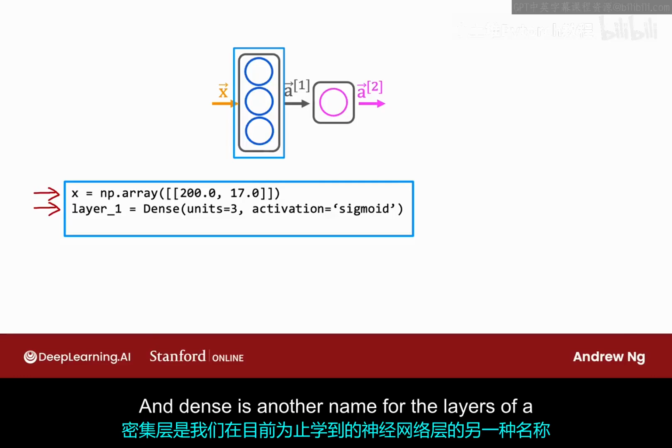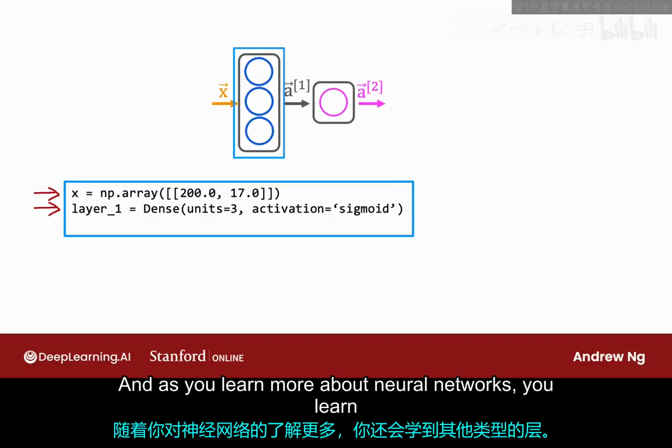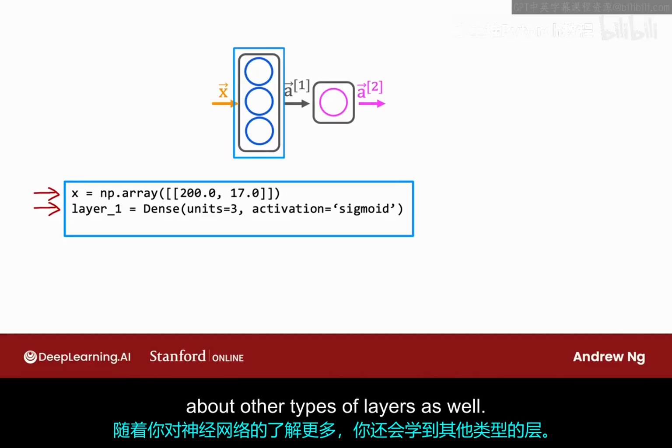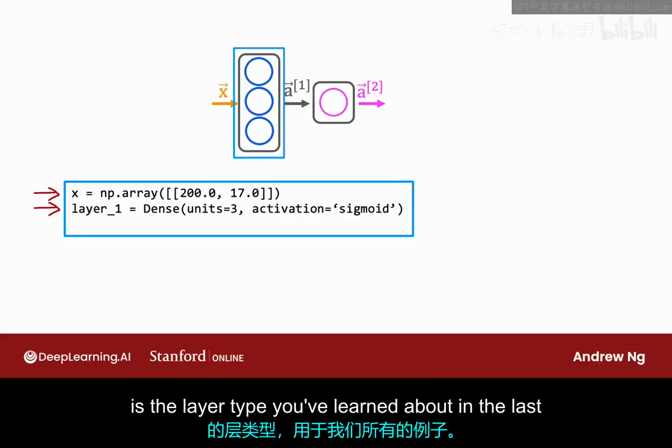And dense is another name for the layers of a neural network that we've learned about so far. And as you learn more about neural networks, you learn about other types of layers as well. But for now, we'll just use the dense layer, which is the layer type you've learned about in the last few videos for all of our examples.